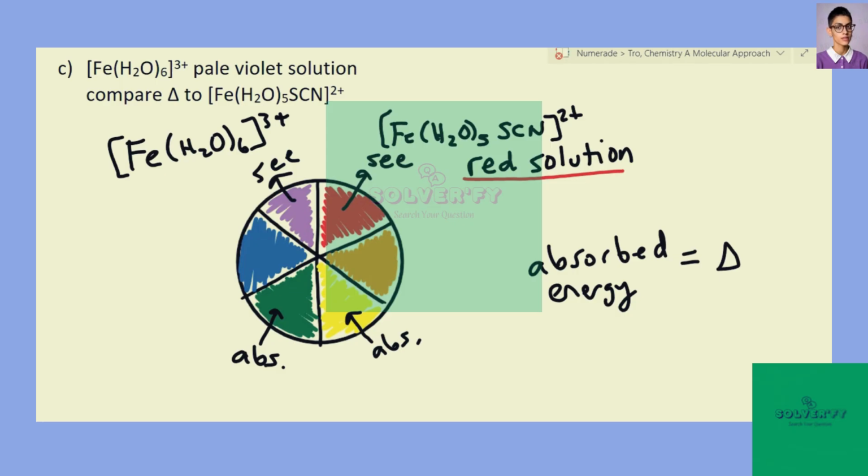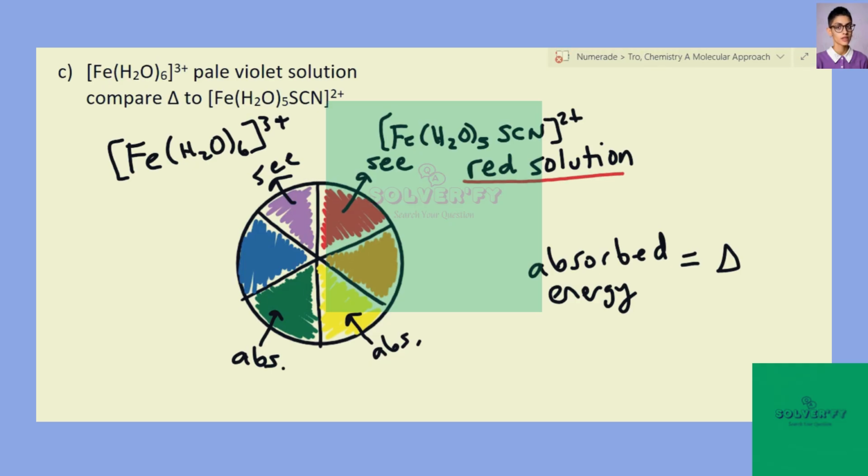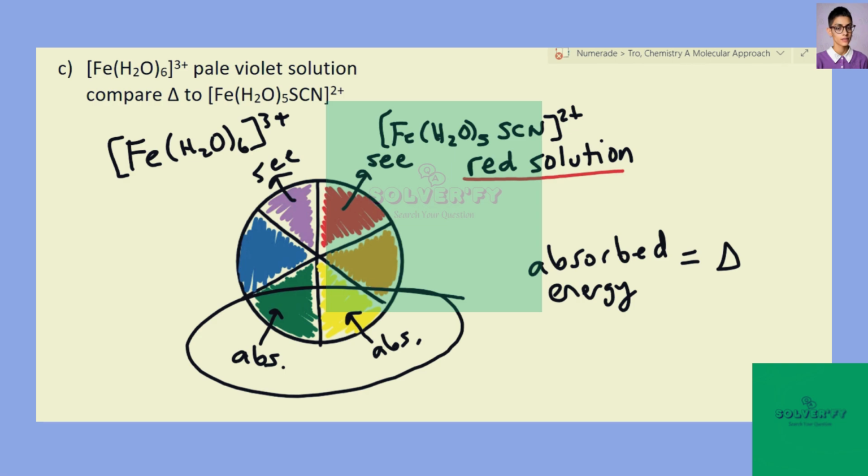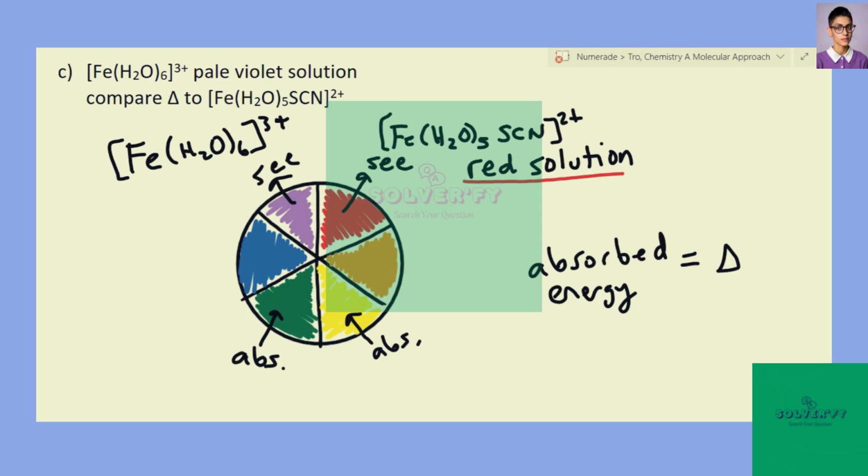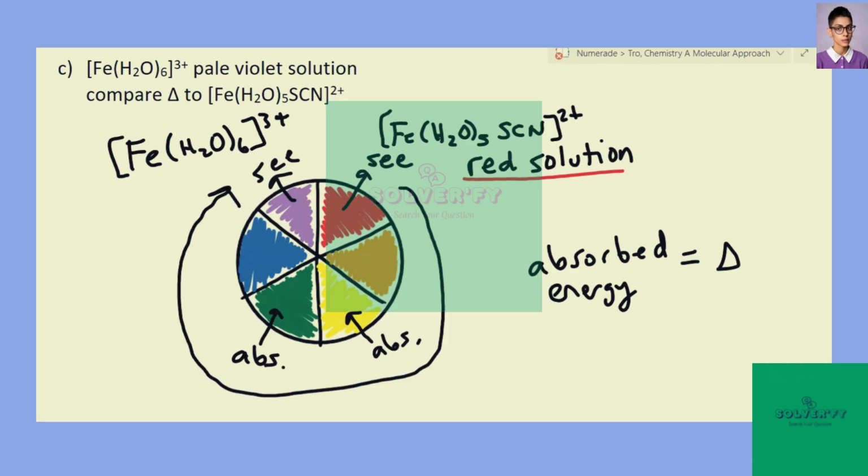That's the energy of light that is absorbed by the electron to do that d to d transition. So we need to compare the energies of the green and yellow light. And you should know that red light has the lowest energy, violet light has the highest energy.